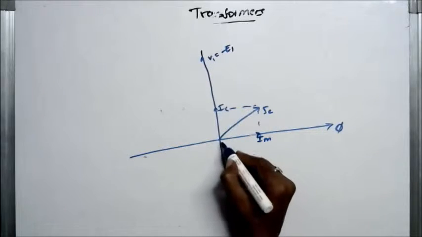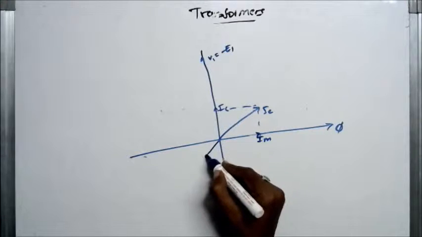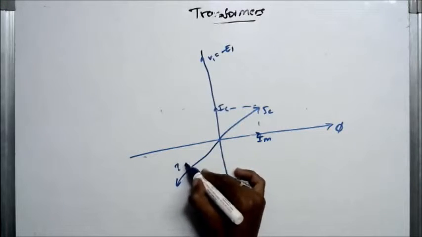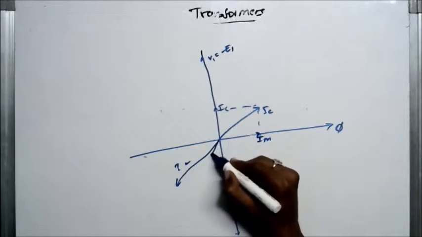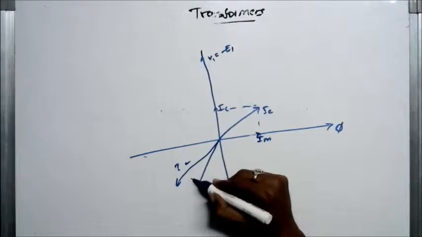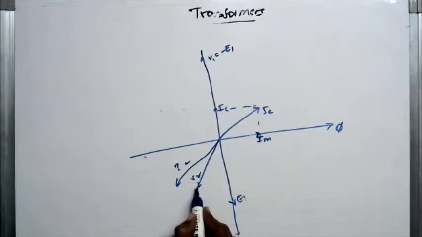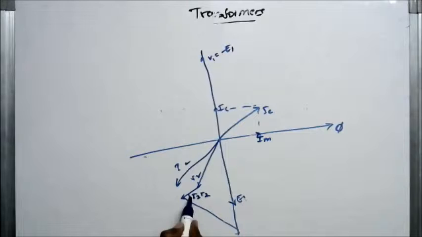Next one, this is I2, this is V2. The resistance drop is in phase with I2, so I2 R2. The reactance drop is at an angle of 90 degrees, so this is I2 jX2. This is E2.